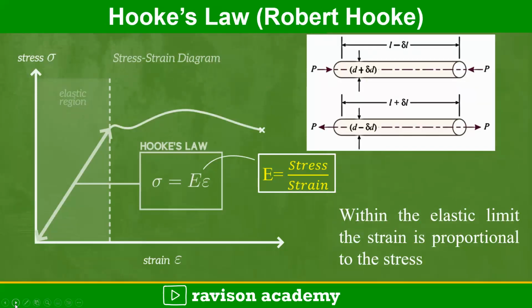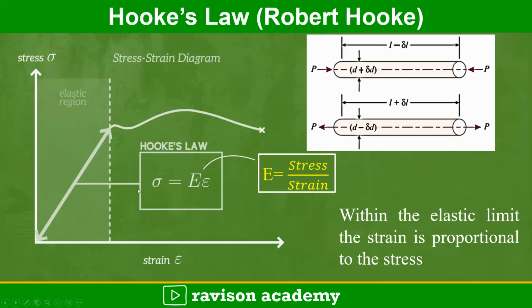Coming to Hooke's law, we can state that within the elastic limit, the stress is proportional to the strain, or strain is proportional to the stress. Up to this elastic limit, you will see a proportional, straight line, increasing in nature with respect to stress and strain, so the line obeys Hooke's law.